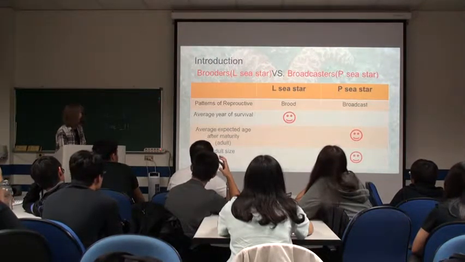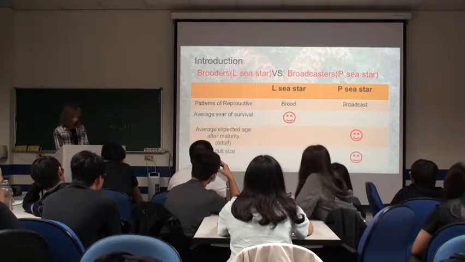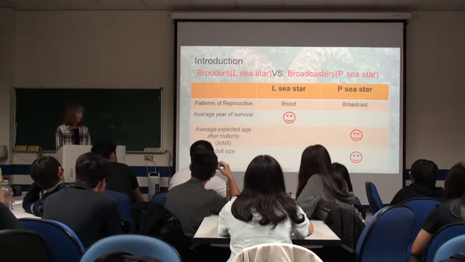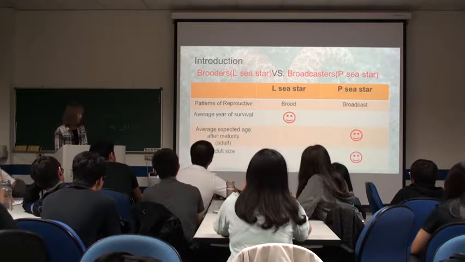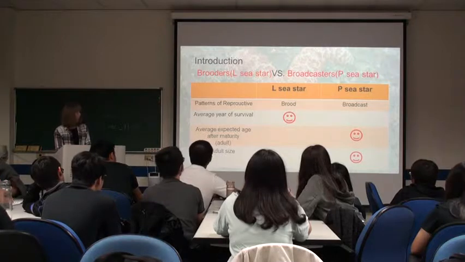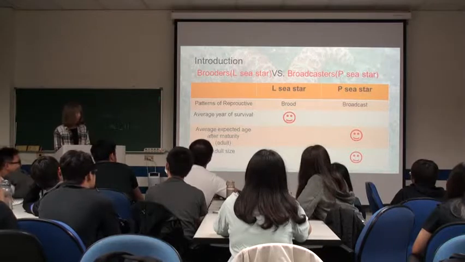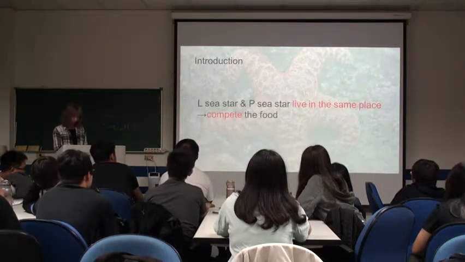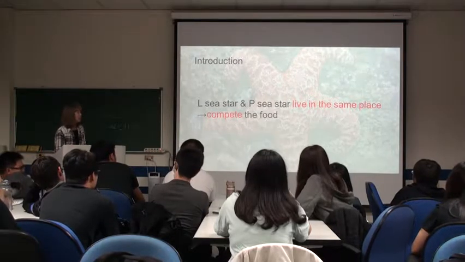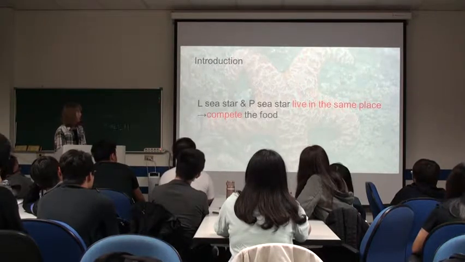Comparing the two sea stars, the average years of survival of LC star is bigger than PC star. And the average expected age after maturity, maturity means the adult, PC star is longer than LC star. And the adult size of PC star is bigger than LC star. LC star and PC star live in the same place, so they compete for food.